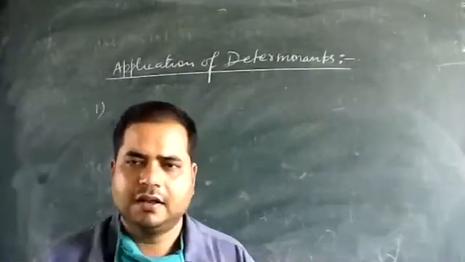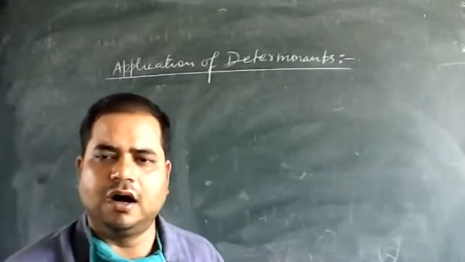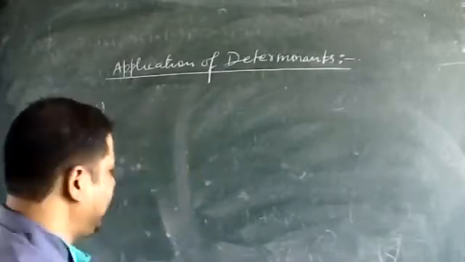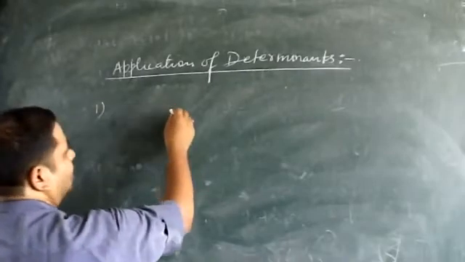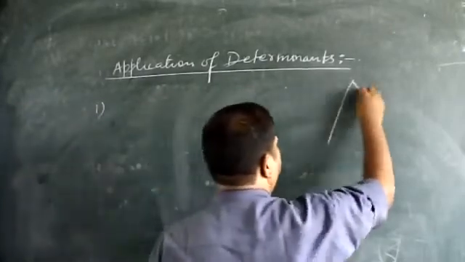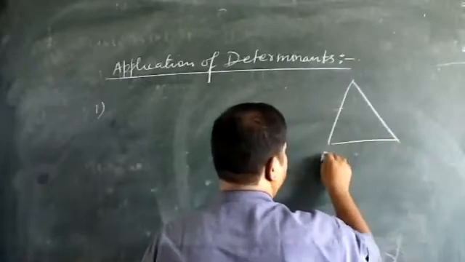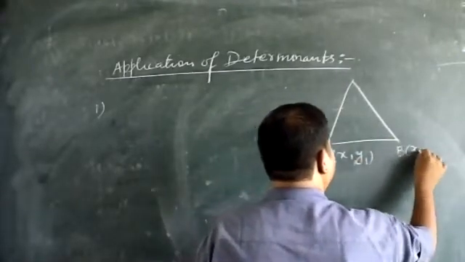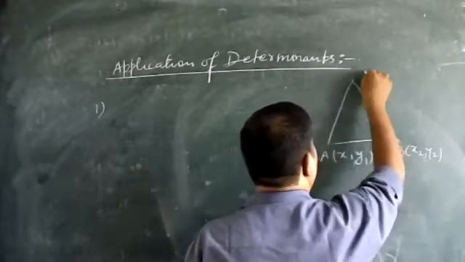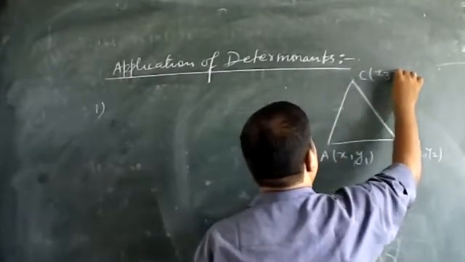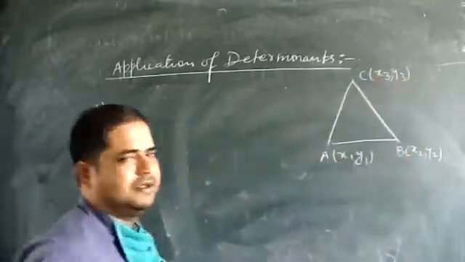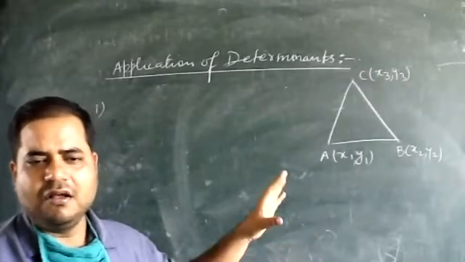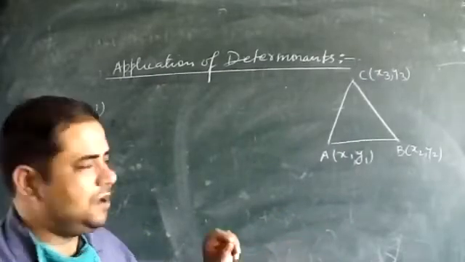If you remember, you already know about the area of a triangle in coordinate geometry. If A is (x1, y1), B is (x2, y2), and C is (x3, y3), these are the vertices of the triangle.